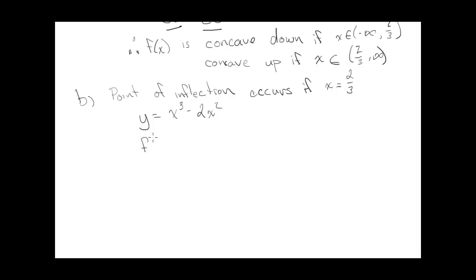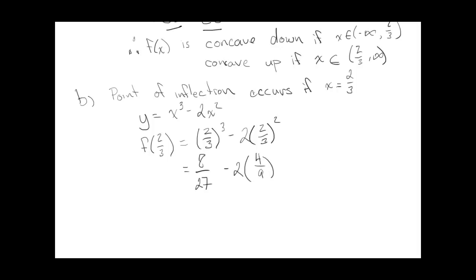So f of 2/3, we'll just sub in 2/3 cubed minus 2 times 2/3 squared. That'd be 8/27 minus 2 times 4/9.